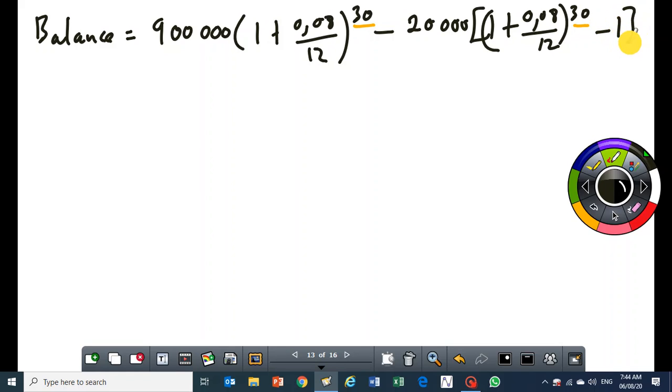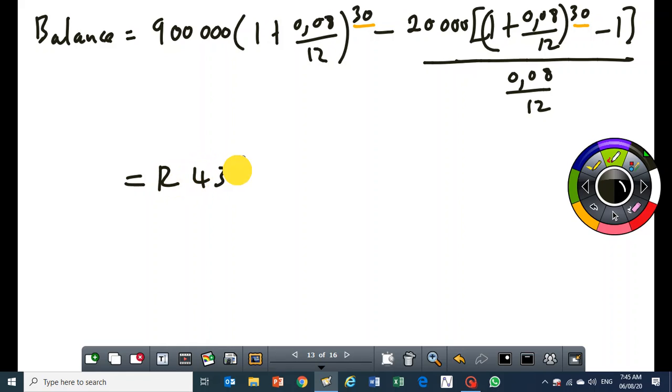Then you subtract your 1 there, and then you divide by the interest. Right, if you simplify that, what answer do you get? 436,726.04.